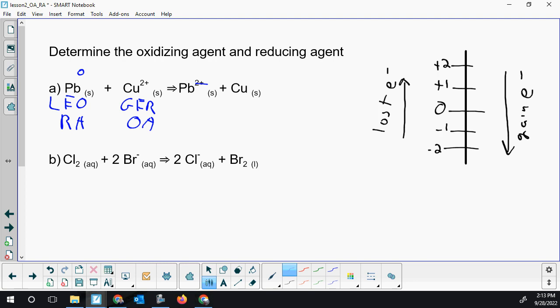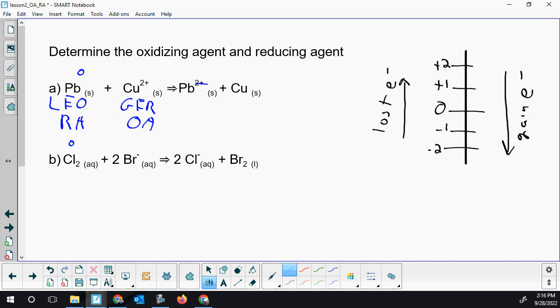So then in B, I would put in the charges, and then what gained, what lost, and then you have the opposite agents. So even though B is an element, it doesn't change anything. We've got chlorine. Diatomic elements are 0.